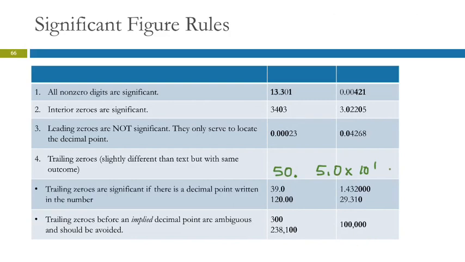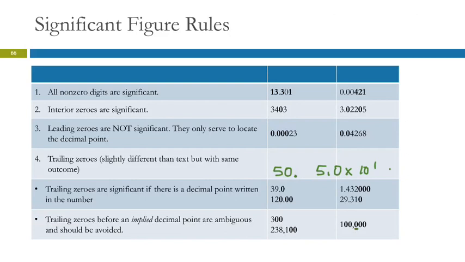What if this 0 was the uncertain digit? How could we specify that? Well, this is kind of shorthand, which many people understand, but you can't guarantee that everybody will use this notation. Underlining the last significant figure is a common practice. You underline the uncertain digit.